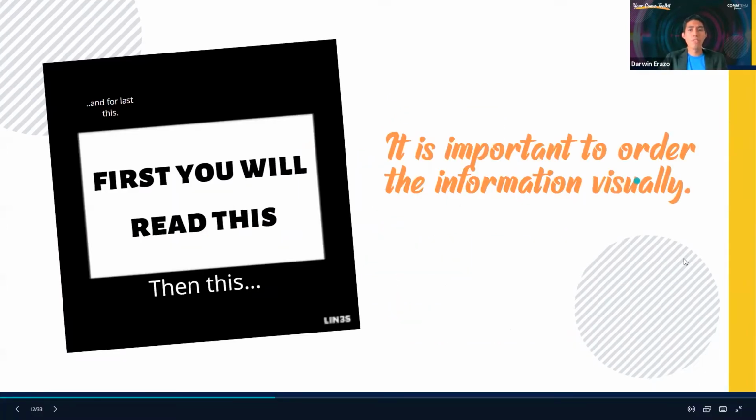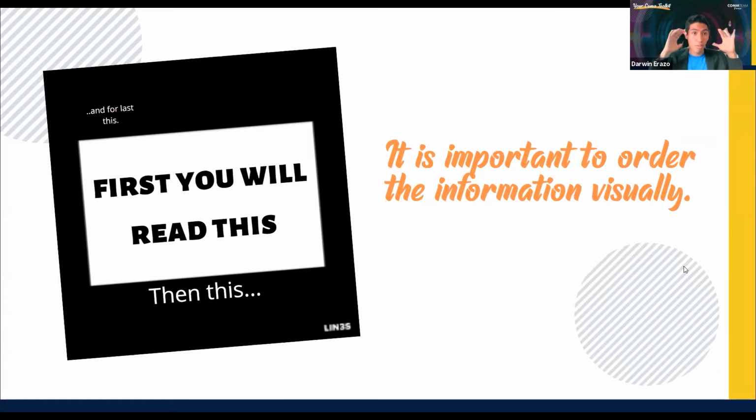It's important to order the information visually. We say a lot that people look first at what is bigger, and then continue from bigger to all the things that are more tiny. That's a way to understand how you can put all the elements in your post in order.